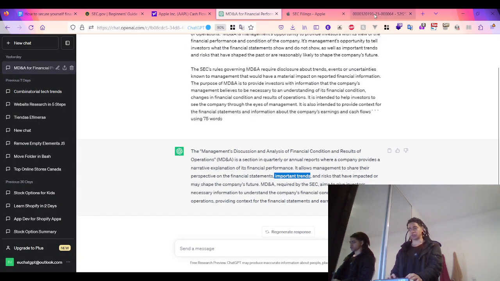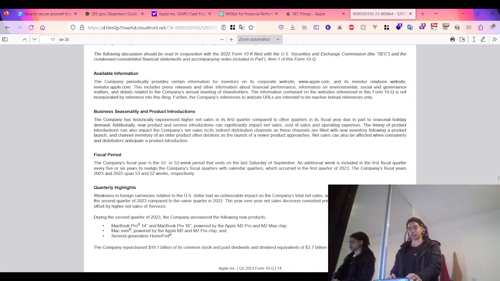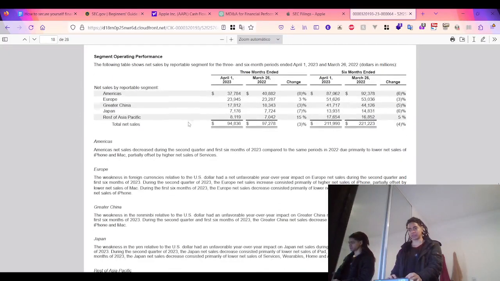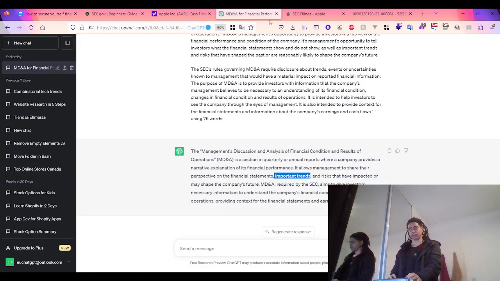It allows management to share their perspective on the financial statement, important trends and risks that have impacted or may shape the company's future, which is required by the SEC and aims to give investors necessary information to understand the company's financial conditions and results of operations, providing context for the financial statement and earnings information.